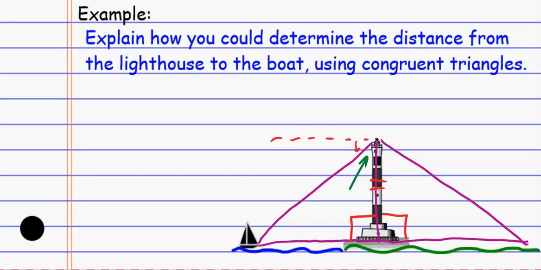You could also give this an estimate and then transfer that angle over to the other side, but there are tools that do that. Surveyors use them all the time to measure elevations and that kind of thing. From a horizontal line looking straight out from the lighthouse, we could measure down to determine the angle at which we see the boat. And that would give us the measurement of this angle.